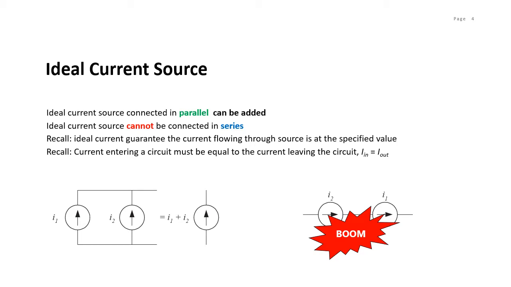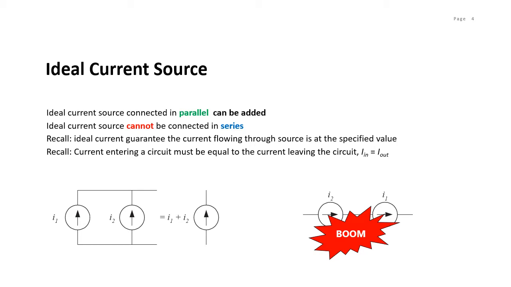Connecting two or more current sources in parallel is equivalent to one current source whose total current output is given as the algebraic addition of the individual source currents. Current sources are not allowed to be connected together in series, either of the same value or ones with different values.